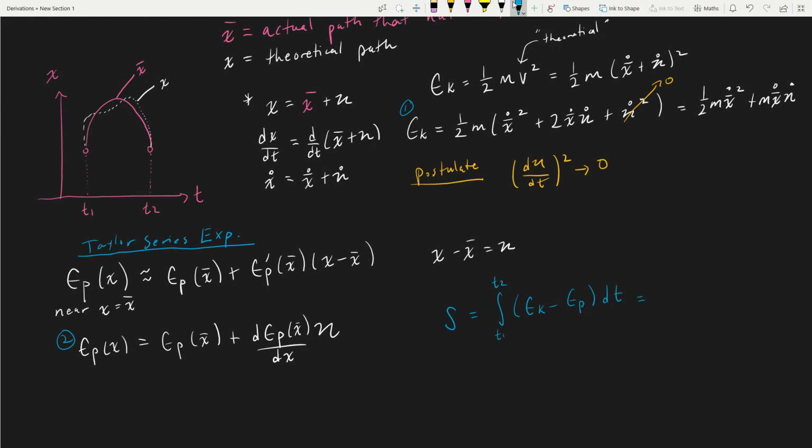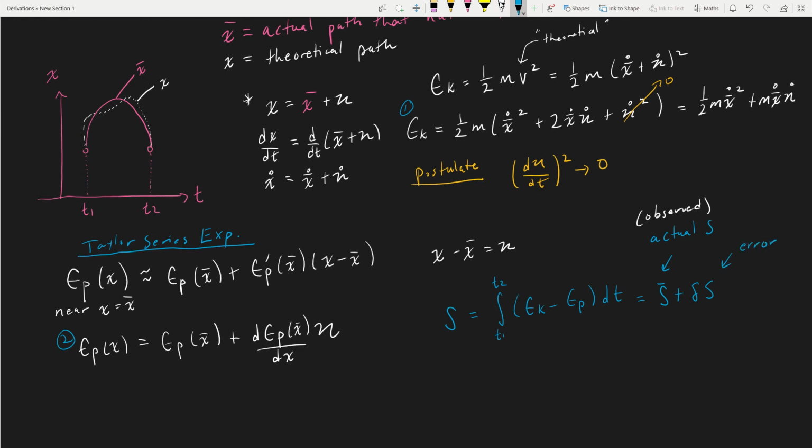And in the calculus of variations, what you assume is that S is going to have a bar quantity, and then an error quantity, which we can call lowercase delta S. So it's going to be equal to the actual S, the principle of least action calculated for the actual path, what we observe, the observed phenomena, plus an error term.